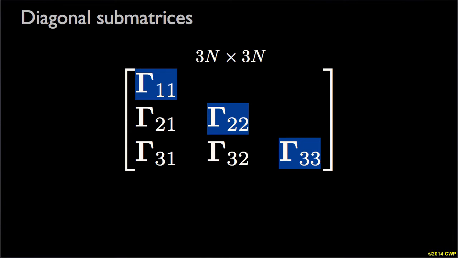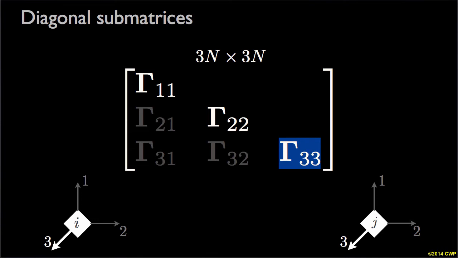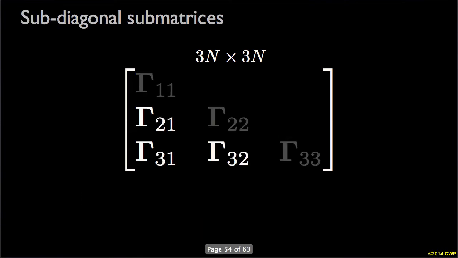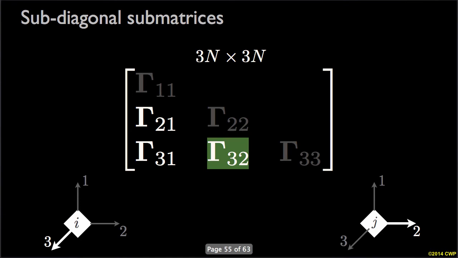For example, gamma 3,3 determines the weights between the third component of a generic receiver I with the third component of all other receivers J. The subdiagonal submatrices are responsible for determining the way different components of different receivers work with each other to achieve the best focus. For example, gamma 3,2 determines the weight between the third component of a receiver I with the second component of other receivers J.